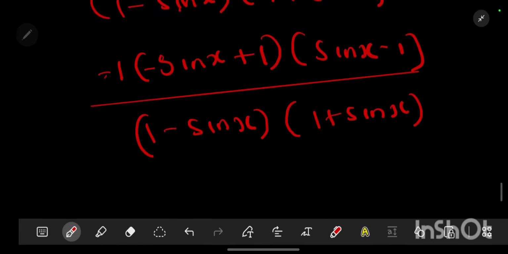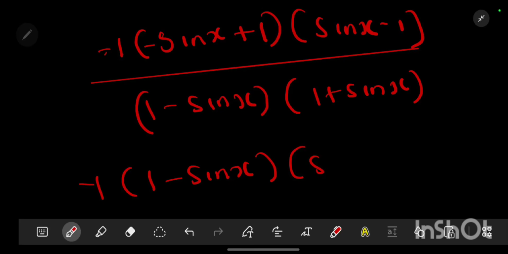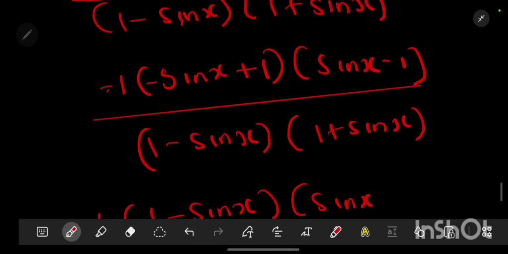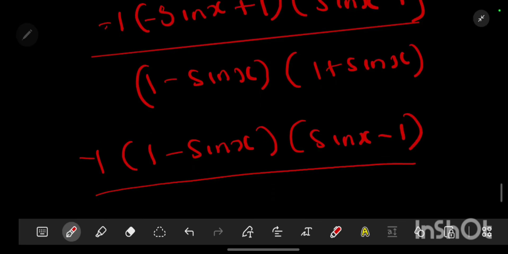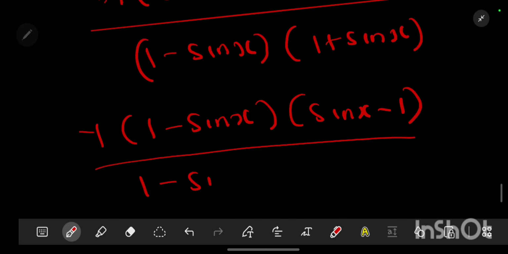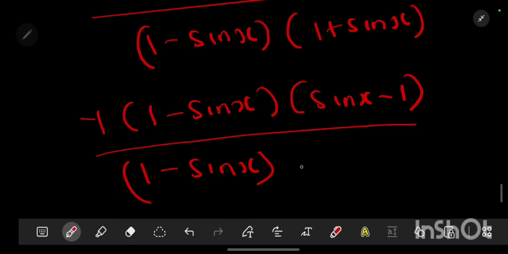With this done, we are going to write its property. So it will be 1 minus the sine of x, close, and we open another one, sine x minus 1, then we divide by 1 minus the sine of x, by 1 plus the sine of x.